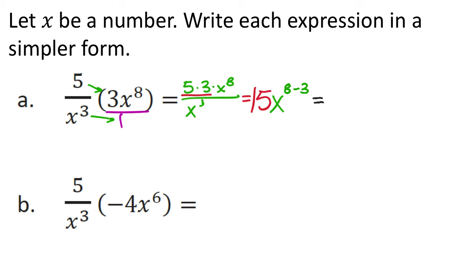So this then would be 15 times x, but its new exponent, 8 minus 3, is 5. And this would be our answer for this one. And this is how you would type it into the assignment as well. So there's going to be a box for the 15. It should show you the x base, but again, it should have a box for the exponent, and that's where you type the 5 in right there.